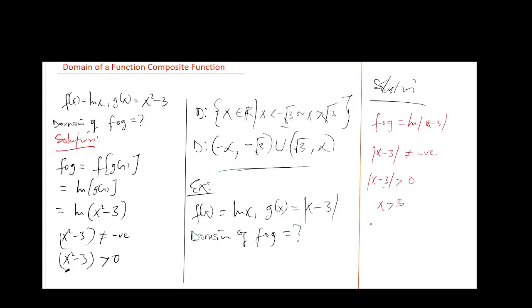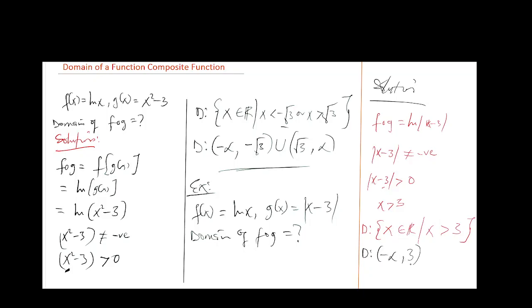Now we have all the restrictions. Let's write out the domain, starting with set notation. x is a set of all real numbers, and x must be greater than 3. Okay, and now in interval notation, x is a set of all real numbers starting from negative infinity to 3.